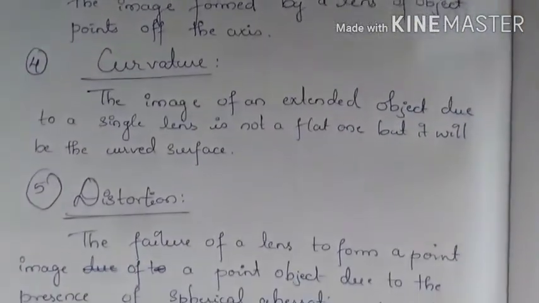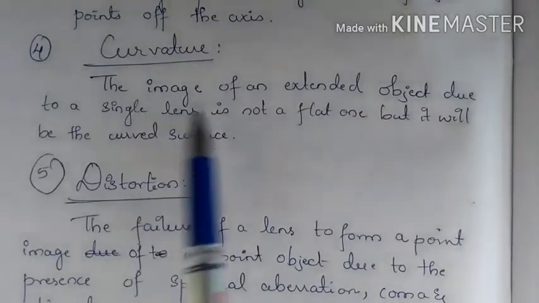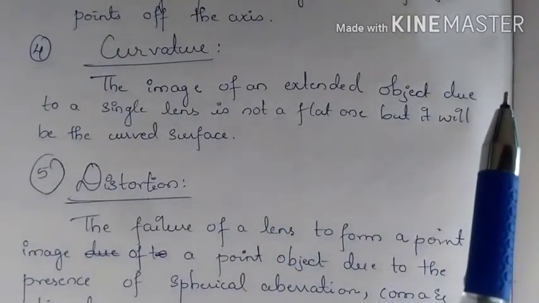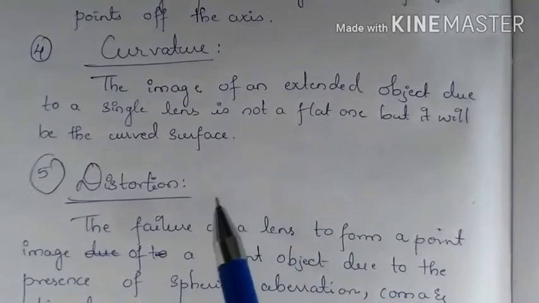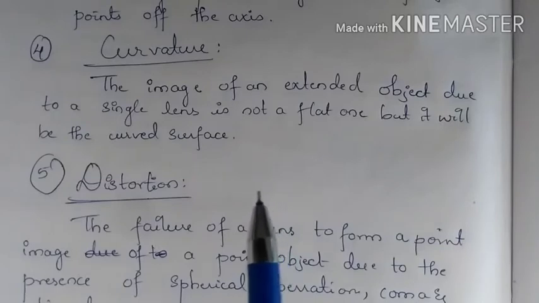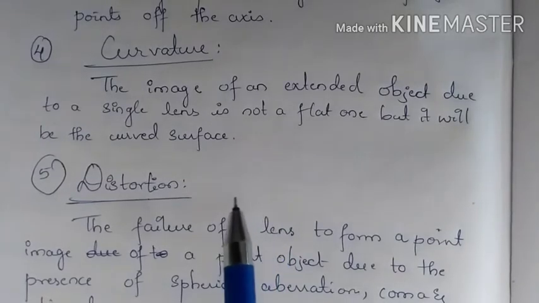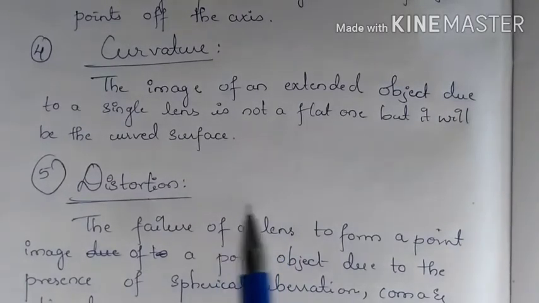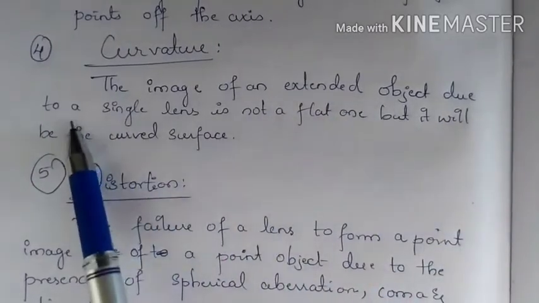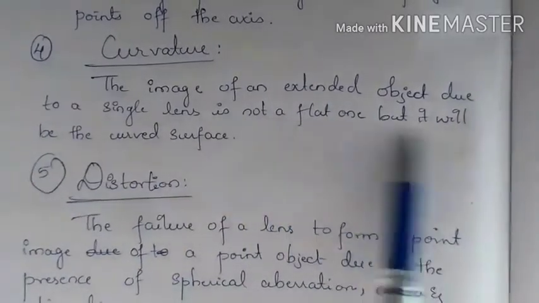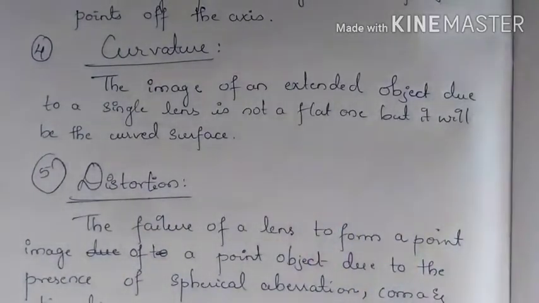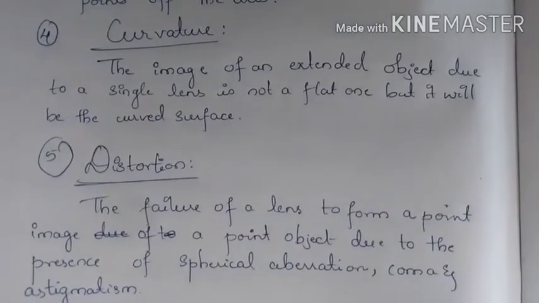And in curvature, the image will not be completely focused. The portion of the image which is nearer to the lens axis will be focused, and the portion of the image which is not nearer will get blurred. That is because the image of an extended object from a single lens is not a flat one, but a curved surface. So this is the curvature aberration.